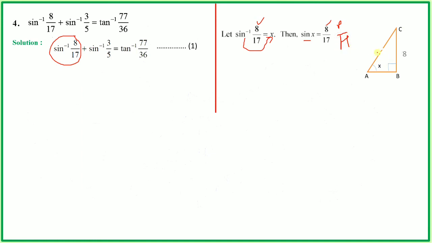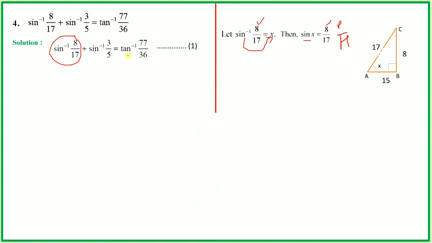So here we have 17, then here should be 15, as 289 minus 64 is equal to 225 and its square root is 15. So we got the base of this particular triangle.